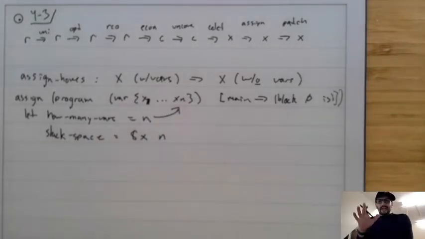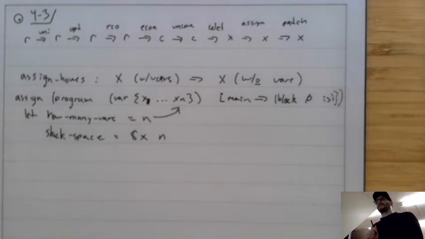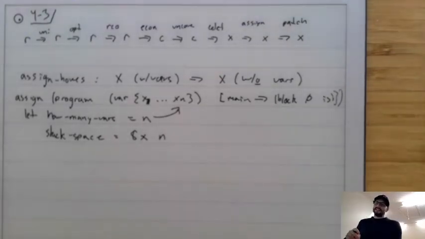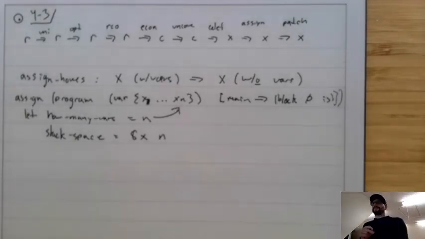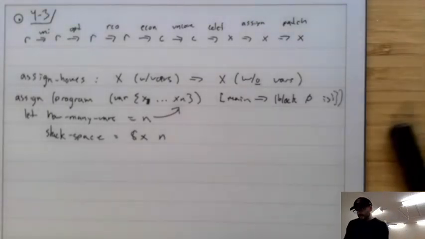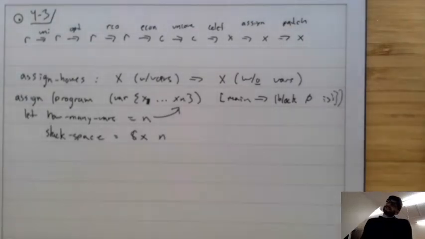Now, here's kind of a little annoyance. It turns out that on modern machines, the stack has to be aligned to 16 bytes. Why does it need to do this? How's the best way to explain this?